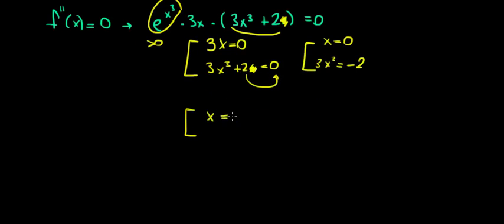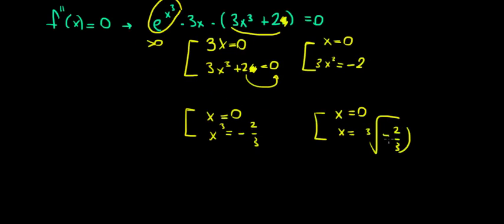So we have either x is 0 or x cubed equals minus 2 over 3, which means that either x is 0 or x equals the third root of minus 2 over 3. And that's our possible inflection points. That's where the second derivative equals 0, and we must check if it changes signs to the left and to the right of these values, and we'll do so in the next video.